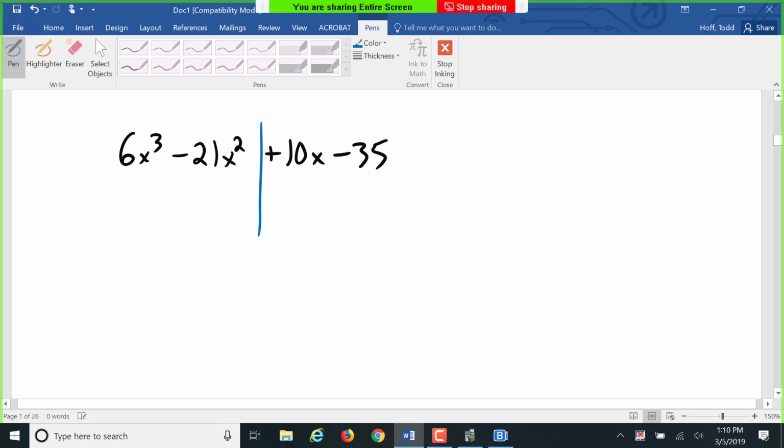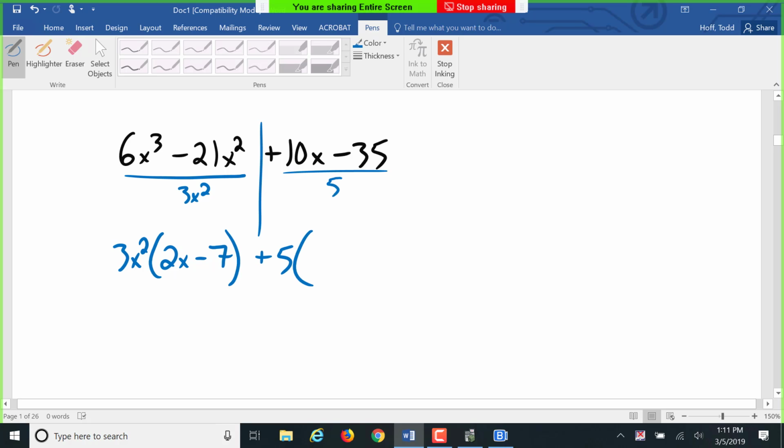So if I leave it just like this, I'll do the first two. What can I get for a common factor out of the first two? 3x squared. Good. And I divide out that 3x squared. What's left? 2x minus 7. Good. And the last two, what can I get for a common factor? Plus 5. Good. And I divide out 5.